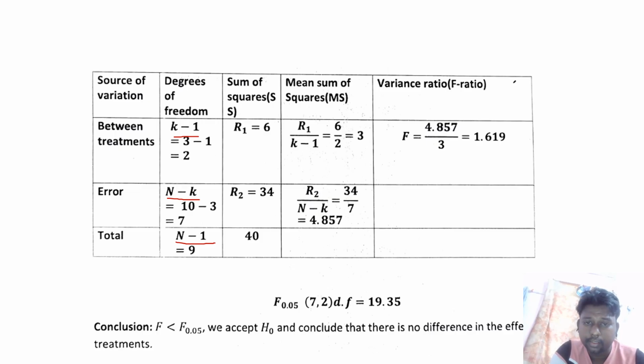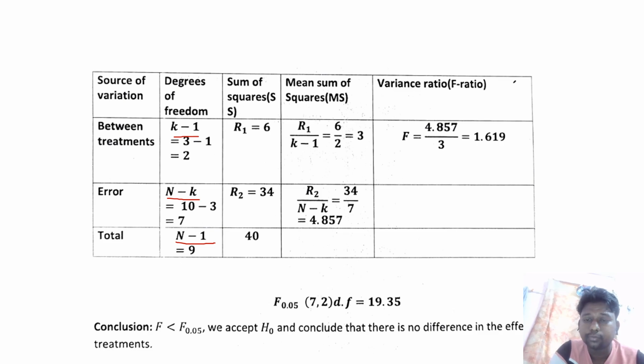Like that, for error, 34 divided by 7, we get 4.857. We generally do not calculate it for the total value, since it cannot be useful for the final result. So we take up the error as the mean sum of square value.